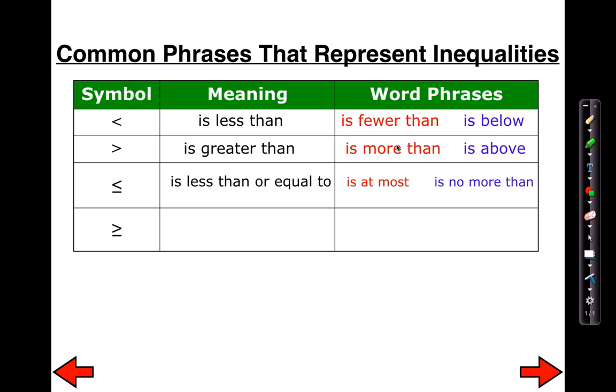And for the greater than or equal to, you're going to often hear is at least or is no less than. So just be very careful whenever you see this no in front. Don't just assume, oh, look, I see more than, it has to be greater than, or here I see less than, it's got to be the less than symbol. You have to be very careful.